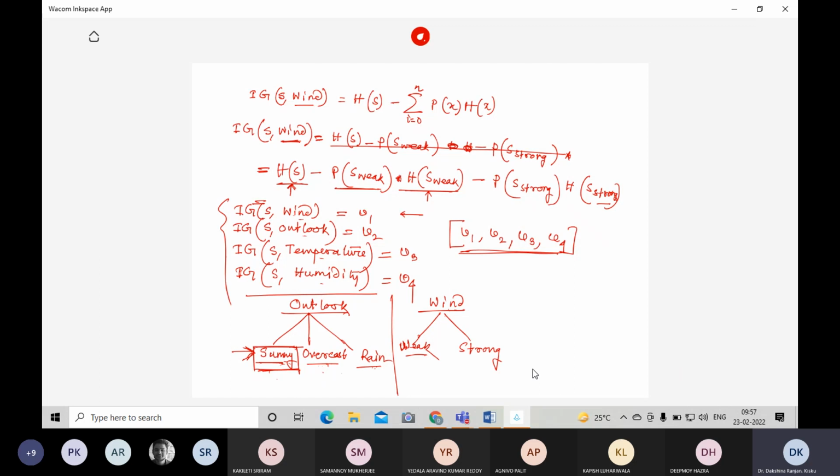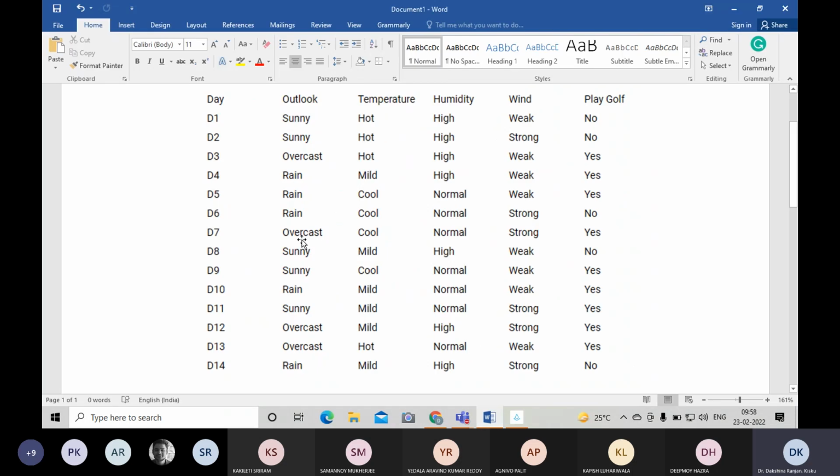Now here, let's say we have selected the root node as the outlook feature. For the feature value sunny, we need to cut down the entire data set and make it a subset.